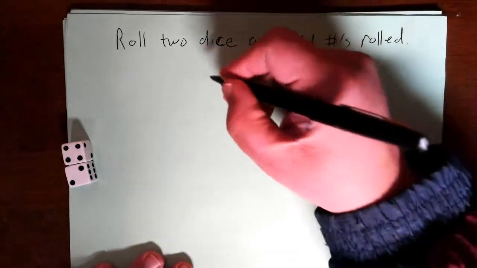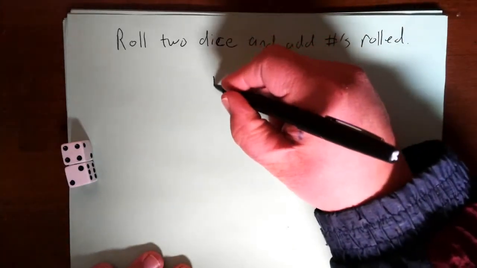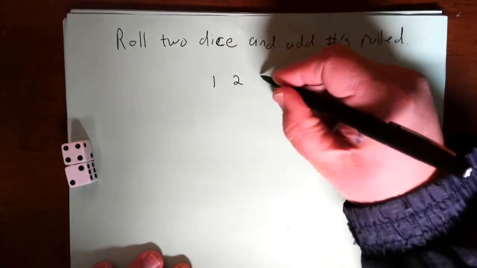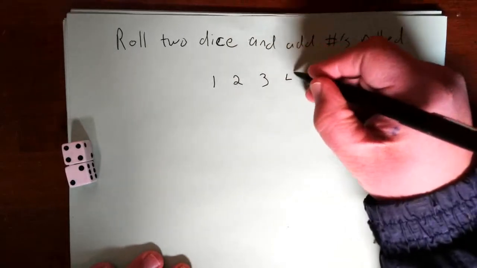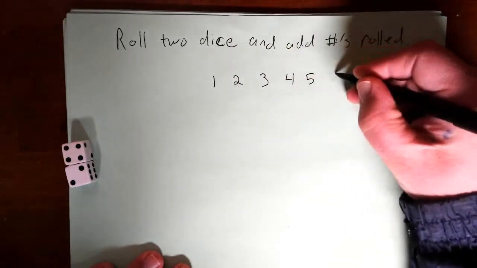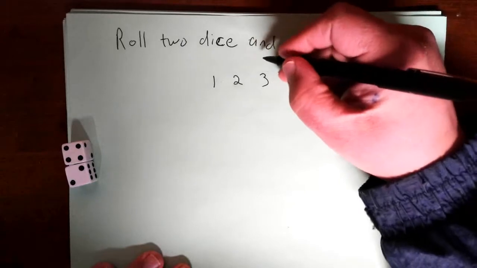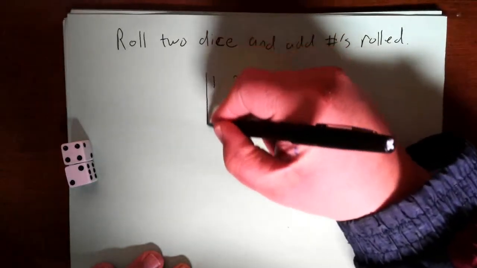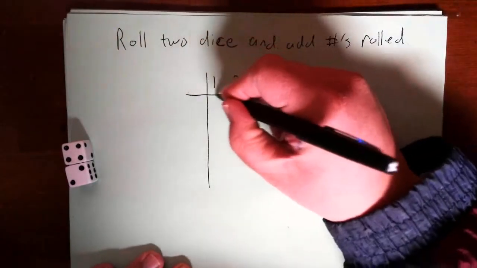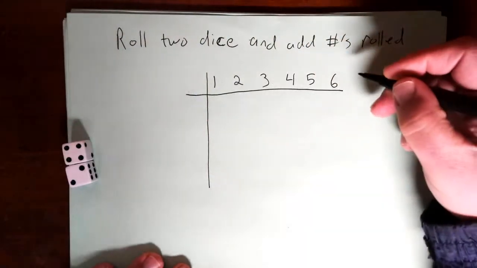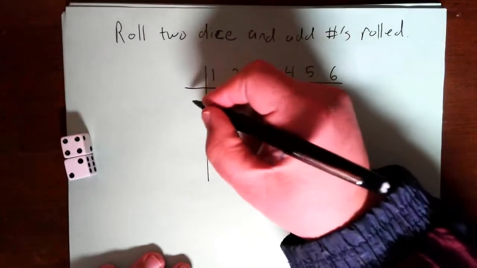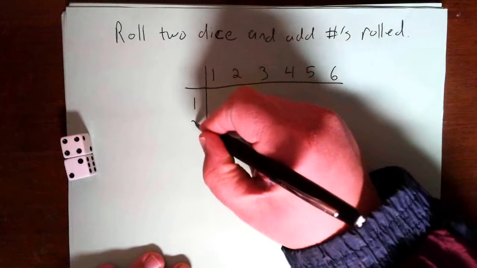So what I can do is make a table, and across the top, this is going to be what I roll on the first die. I could roll the numbers 1 through 6. And then for the number I roll on my second die, I'm going to write down the side.